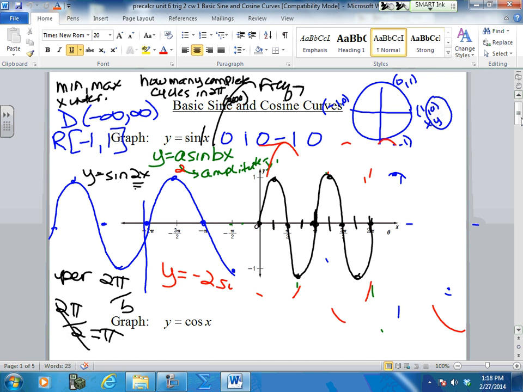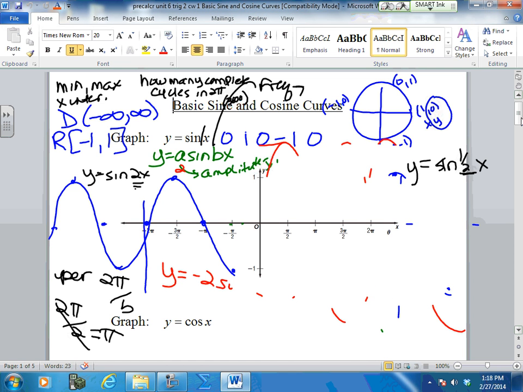So, Ricky, what value would you put in here to stretch this out? Half. They're helping you out. So now, if I want to go half of my curve in 360, here's my 360, half of my curve. How long is it going to take to complete the whole entire curve? Another 2 pi, right? 720.